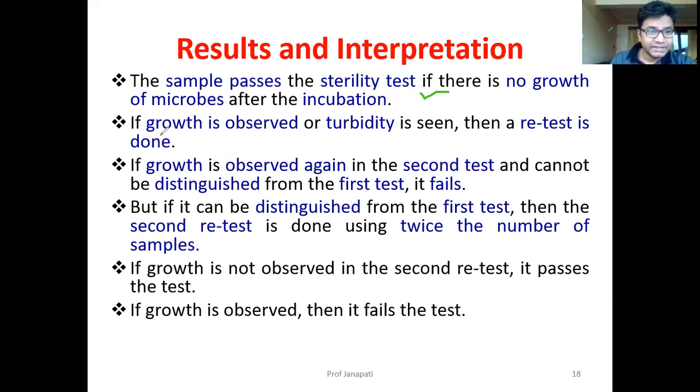Now, if growth is observed, or turbidity is seen and you are not able to observe clearly, you have a doubt whether growth is there or not, then you need to retest it.